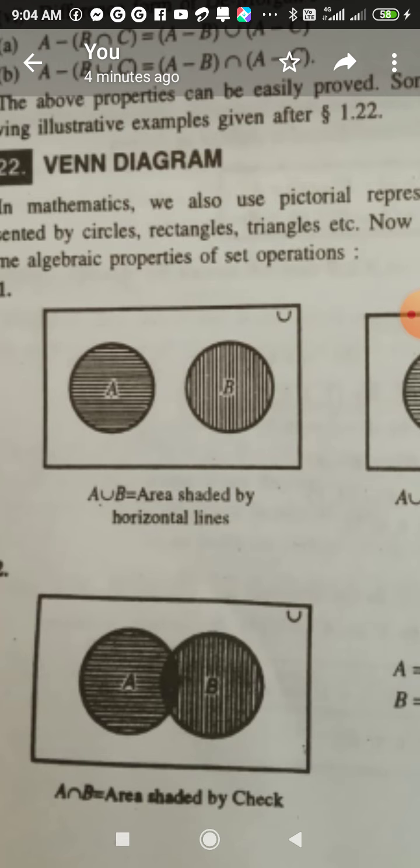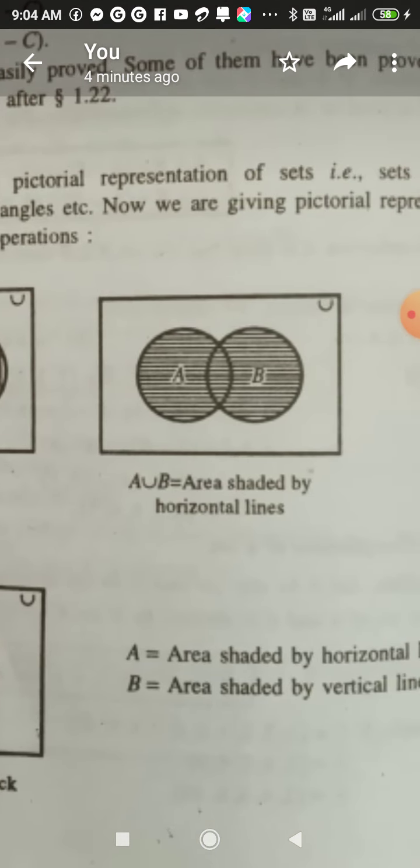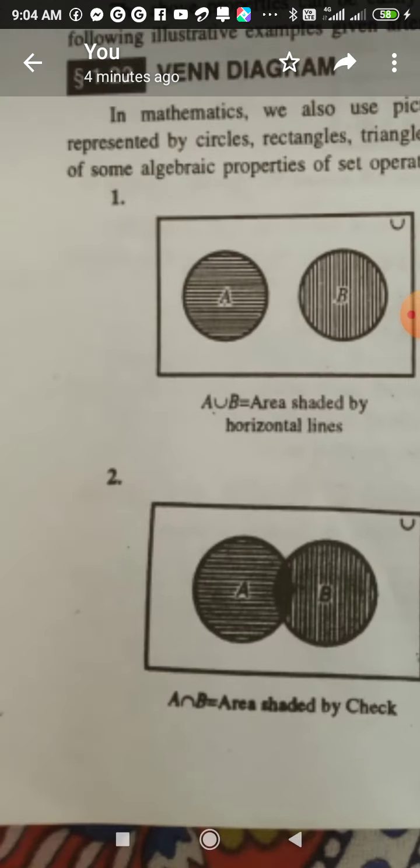Next, A union B, again here there are two circles, overlapped, so the area of A union B will be the shaded region by the horizontal lines in this case.